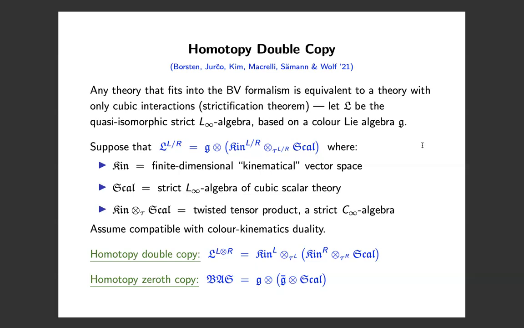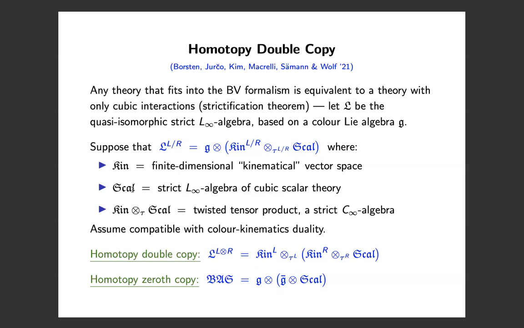Okay, so suppose L is the strict L-infinity algebra of your theory, and suppose that it has a factorization like this. The theory is based on some color Lie algebra, and we assume it factorizes like this. This factor here, Kin, is a finite dimensional kinematical vector space, which is going to encode the kinematics of my theory.